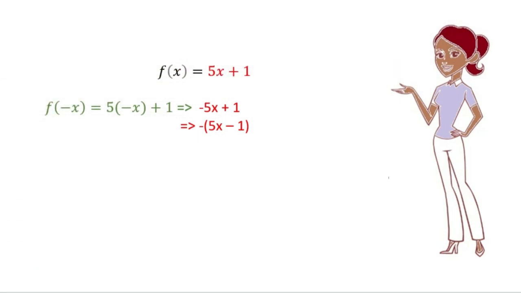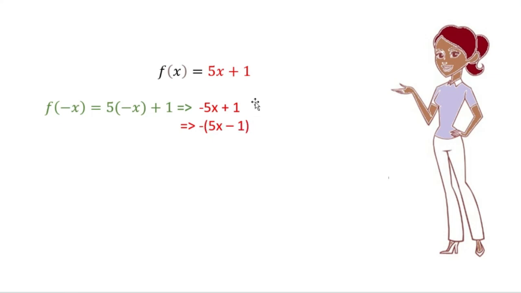Lastly, we're going to substitute negative x in our function 5x plus 1. So we have 5 times negative x plus 1. That would yield negative 5x plus 1, and that is not the original. If we take a negative 1 out of the equation, we would have a negative on the outside of the parentheses, and within the parentheses, we would have 5x minus 1.